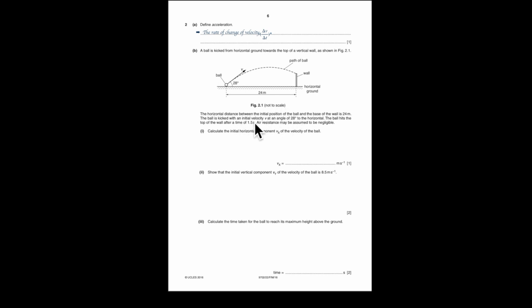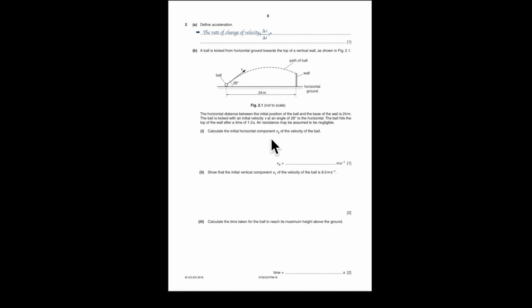The initial velocity v is at an angle of 28 degree to the horizontal. The ball hits the top of the wall after a time of 1.5 seconds. Air resistance is assumed to be negligible.